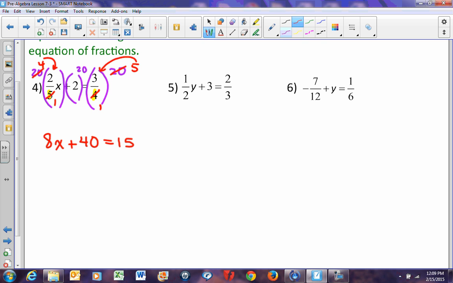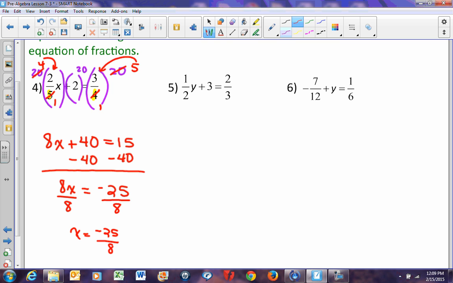8x plus 40 equals 15. Subtract 40 from both sides. 8x will equal 15 minus 40, which is negative 25. Divide by 8, and x equals negative 25/8. Remember what I said, it's probably easier to leave it as an improper fraction, because to check it, you have to put it back as an improper fraction.